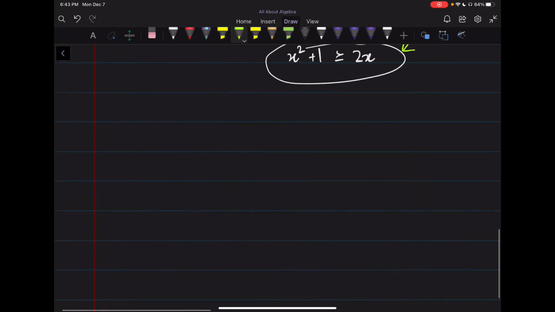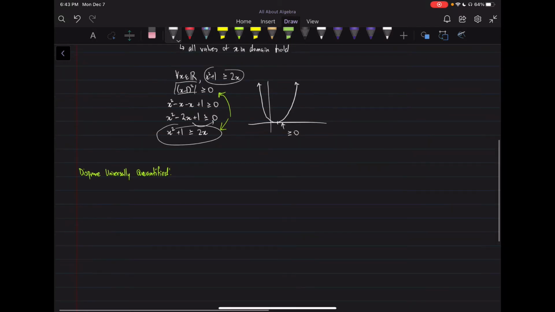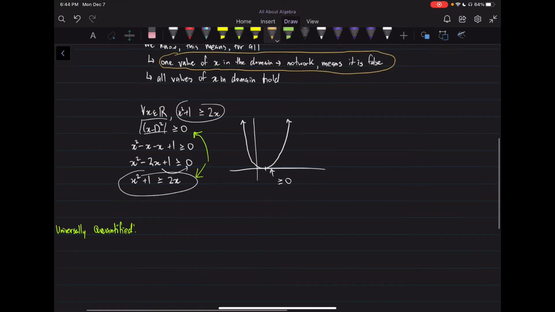Now, what if we have to disprove it? I kind of talked about this earlier, briefly mentioned it. But what if we have to disprove a universally quantified statement, right? Well, I discussed that right here. One value of x in the domain where it doesn't work means that the entire thing is false.